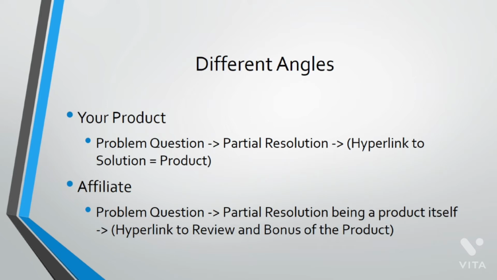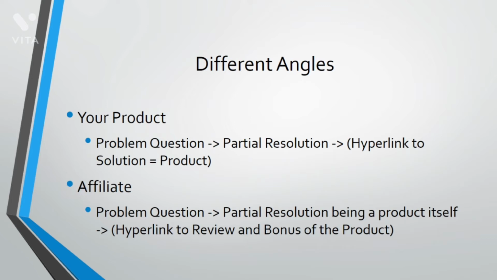And your content PDF file can be long, it can be short. In fact, it depends on what it is, but sometimes the shorter, the more straightforward it is, the better. If people can get the content, the resolution, the partial resolution that they need, then of course they are willing to look at the product.